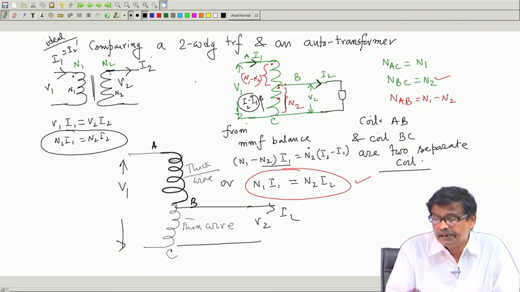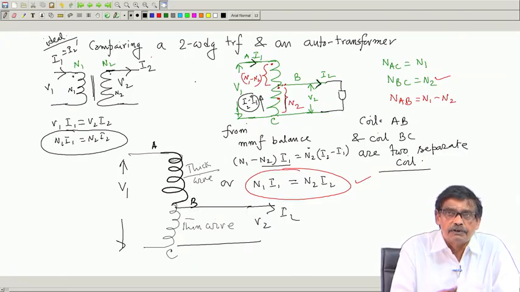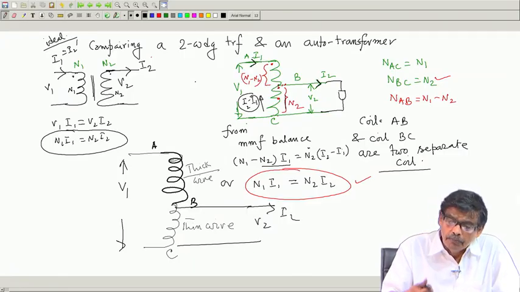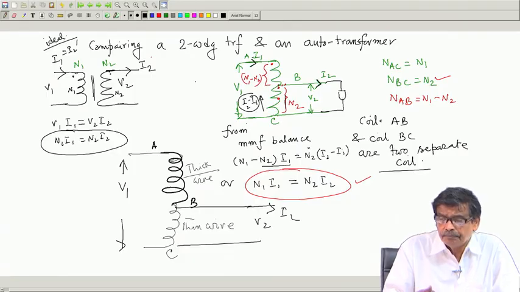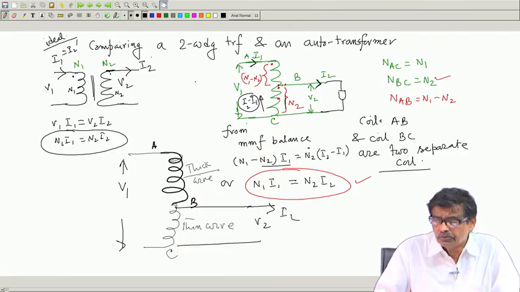The same thing can be done with an autotransformer. The moment you have two options, which one to choose?